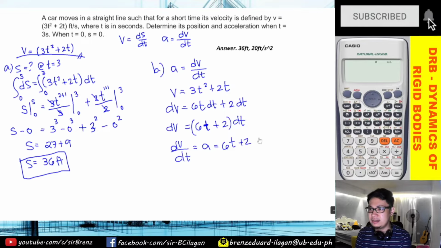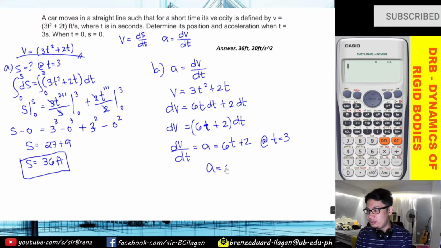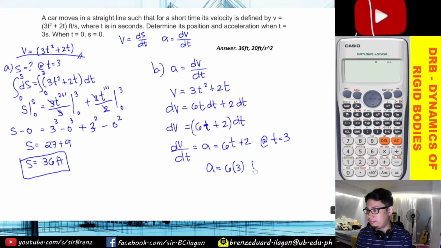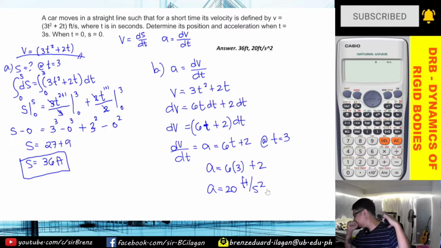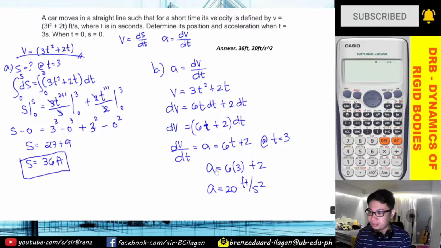So, substitute nyo lang. Ano nga sinasabi? At 3 seconds. So, acceleration will be equal to 6 times 3 plus 2. So, 18 plus 2, or that will be equal sa 20 feet per second squared.